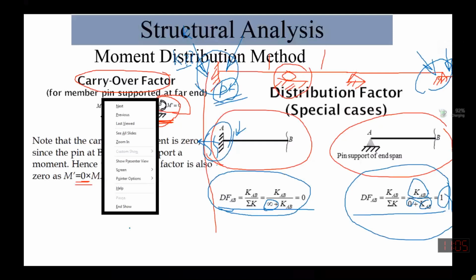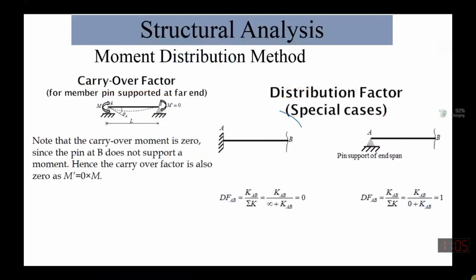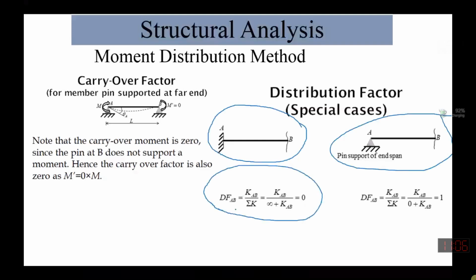Okay, I'll repeat again. There are two special cases for the distribution factor. One case is that if your last support is fixed, then your distribution factor will be equal to 0. Why? Because the stiffness on the other side of the beam is equal to infinite. If your far end is hinged, this is the last end.